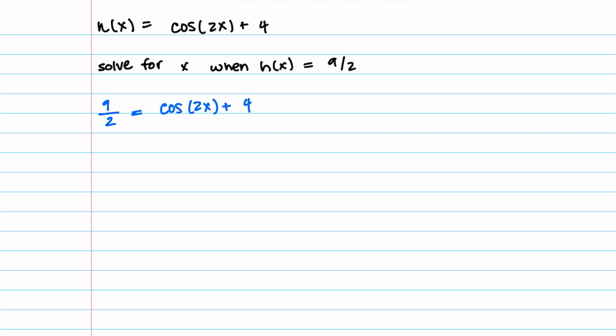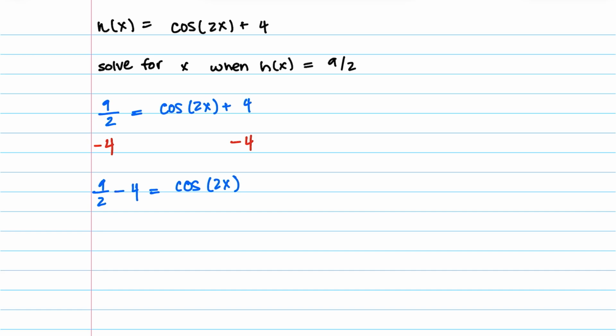And so to start solving for x, let's get rid of the 4 on the right-hand side by subtracting. And so by subtracting, on the left-hand side, we'll end up with 9/2 minus 4 is equal to cosine of 2x.